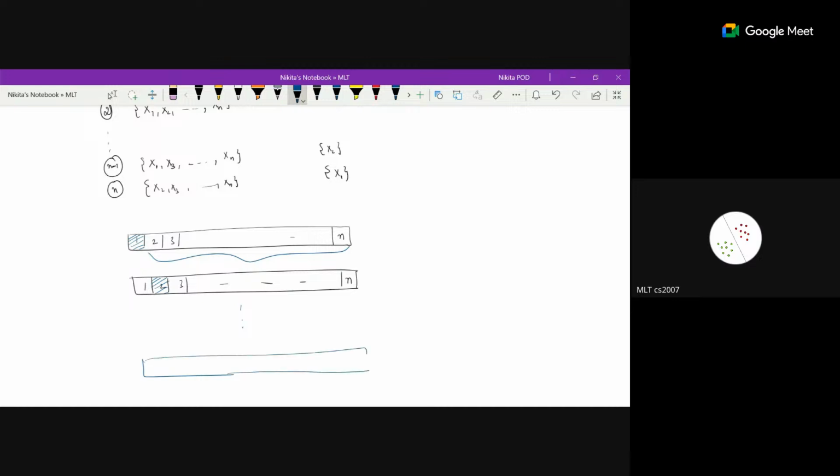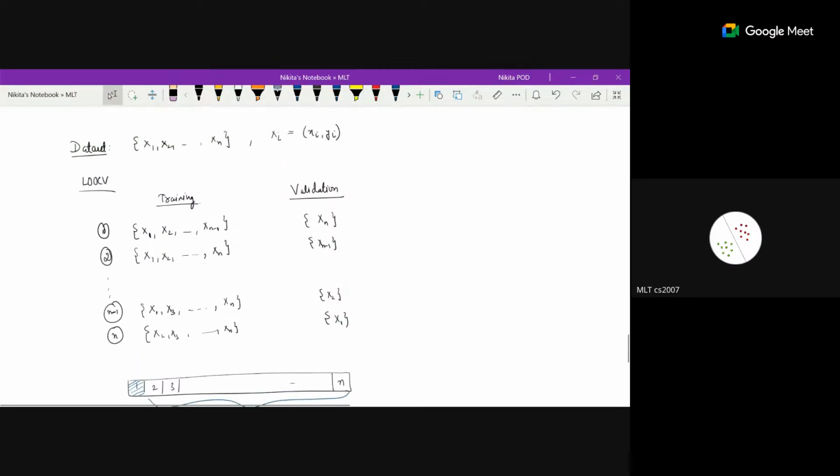So every time you leave one observation out and fit on the remaining n minus 1 as training. So you have 1, 2, 3, so on till n. In this case, you keep this one for validation and fit on the remaining n minus 1, right? So this is the idea.